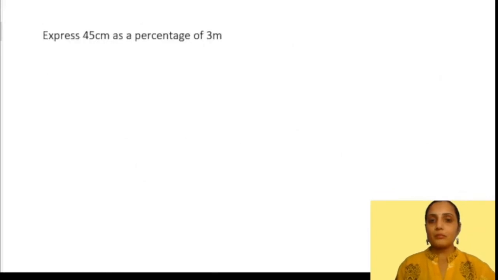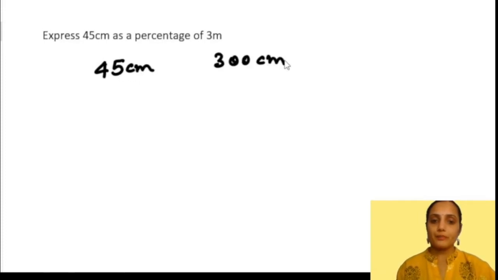So here is an example to explain it further. We have the question, express 45 centimeters as a percentage of 3 meters. Now we can clearly see that it is not in the same unit. So let's first convert them into the same units. 45 centimeters and 300 centimeters. 3 meters is 300 centimeters. Now we have to express 45 centimeters. 45 is the portion and 300 is the whole here.